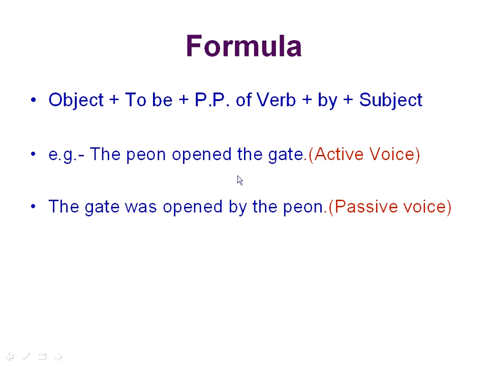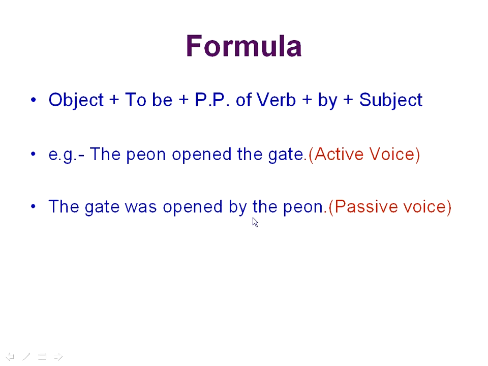The sentence is in the simple past tense, and so we use here was. Then we use the past participle of the verb, opened. Then we use the preposition by, and we put the subject, the peon, in the place of the object.